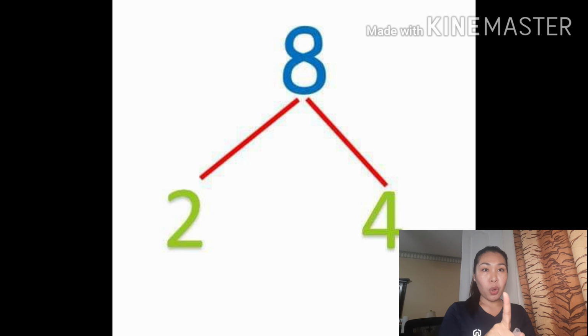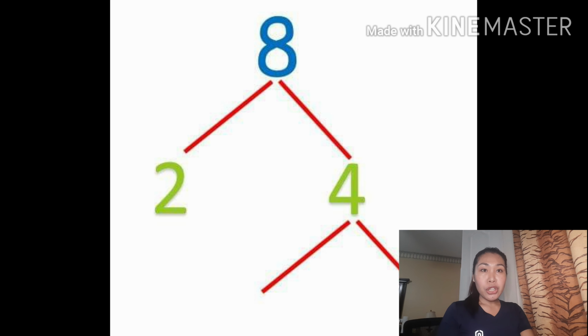So we know there's only one there that's a prime number, which is 2. 4 is still a composite number. It's not a prime number. So what are those two factors that when we multiply together, the result would be 4, and these two would be prime numbers? And you're correct. That would be 2 and 2. So draw another 2 lines below 4.